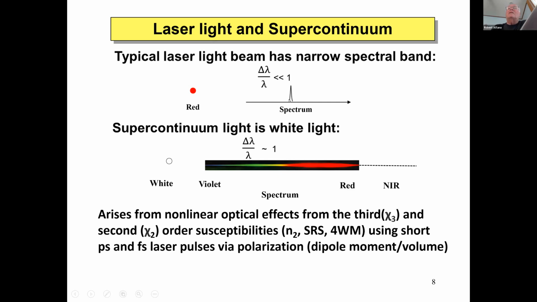Its spectral width, delta lambda, is much less than the wavelength. That's a typical laser. But supercontinuum light is white. It comes on the wall as white. You'll see that in a minute. It spans all the wavelengths from violet to near infrared, and the delta lambda is comparable to the wavelength. So that's very broad.